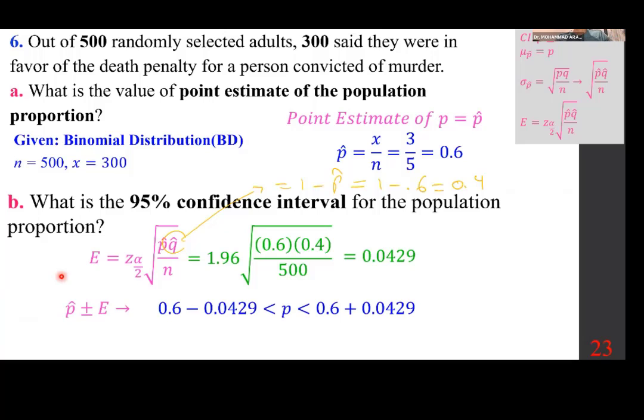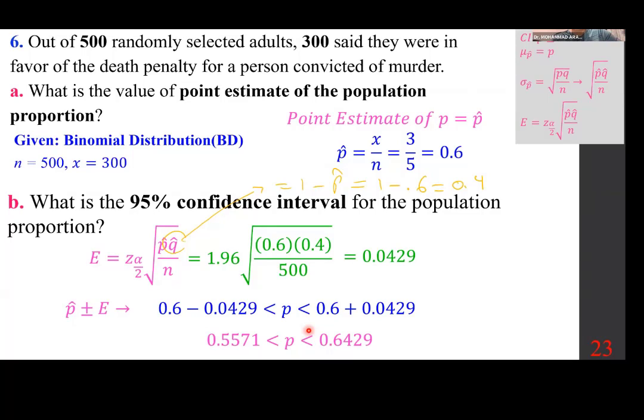P hat is 0.6. Subtract this number from it, add to it, results in the following. So we are 95% confident that the true population proportion is somewhere between these two values.